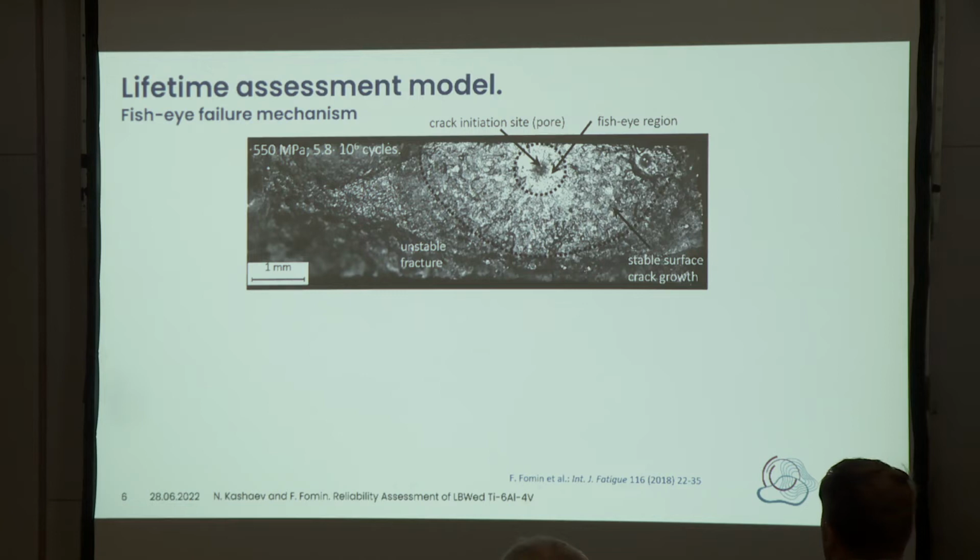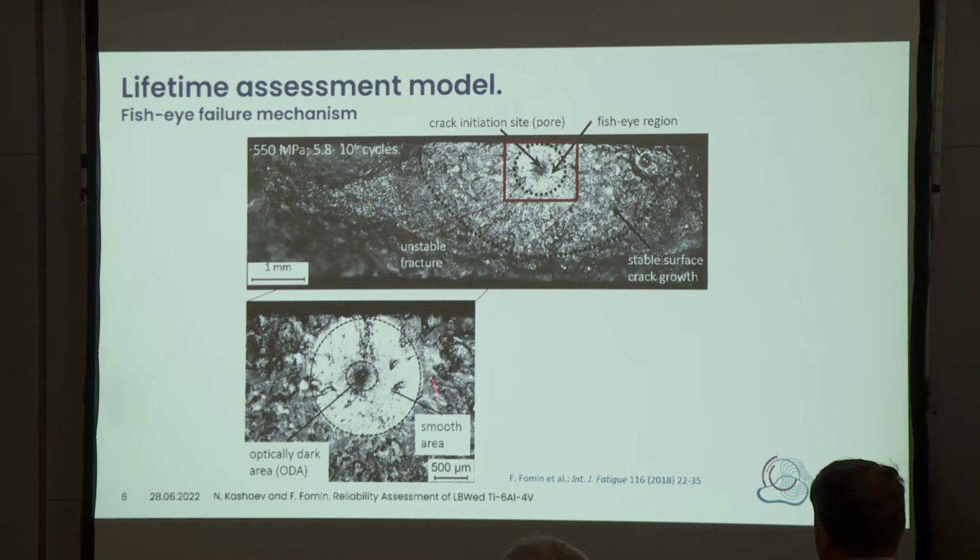And here, if we remove surface defects, then internal defects play a more significant role. With regard to the fracture behavior of smooth specimens, we will find a lot of similarities with what is known for very high cycle fatigue. We have initiation from internal pores, and we also have the optically dark area and smooth area, the typical fracture mechanisms known for very high cycle fatigue.